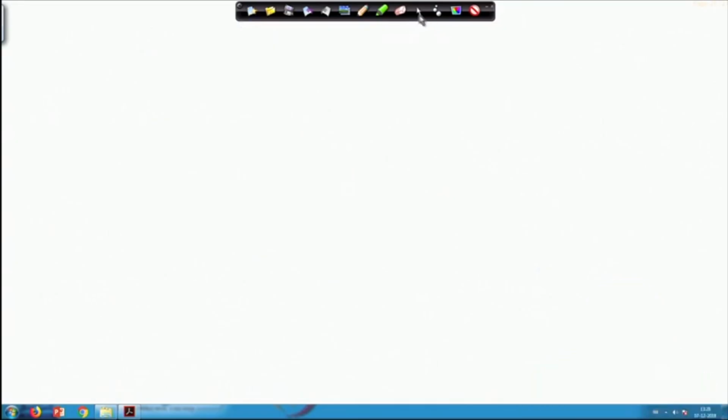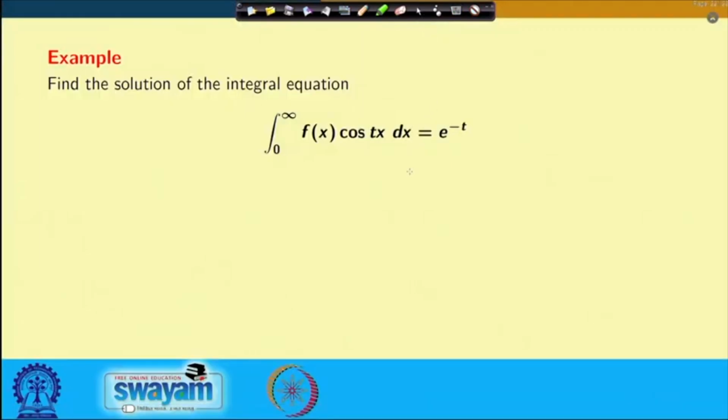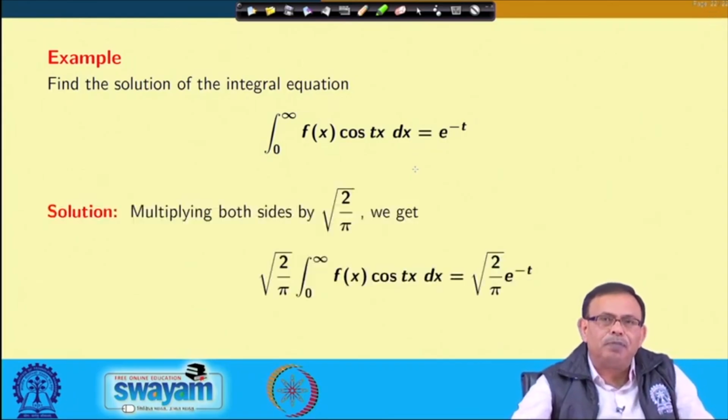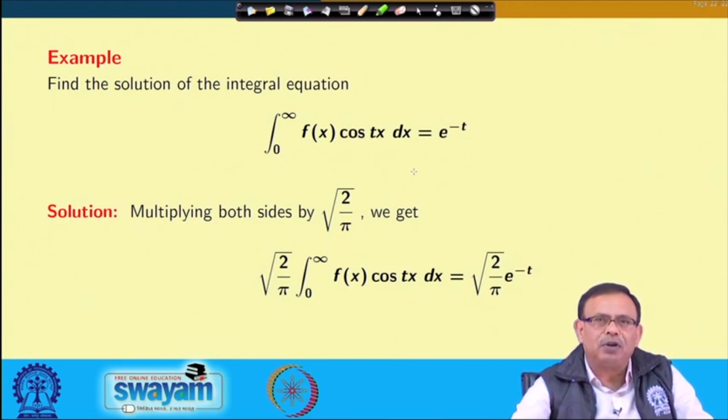So, let us see quickly over here. The function was this, and multiplying both sides on the given equation, we obtain root over 2 by pi 0 to infinity f x cos t x dx equals root over 2 by pi e power minus t, and the left hand side integration is nothing but the Fourier cosine transform of f x.